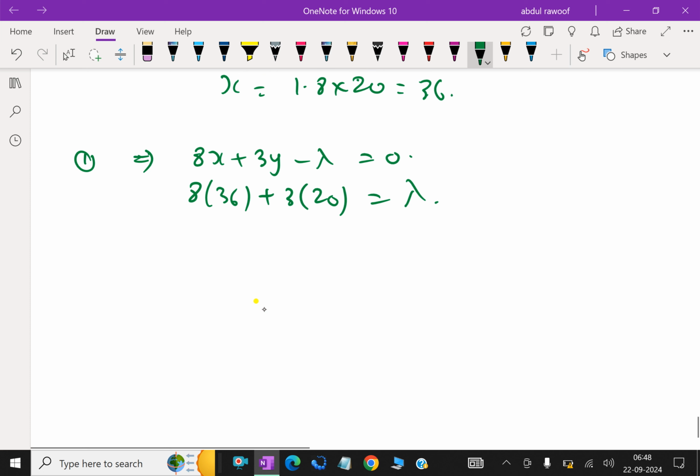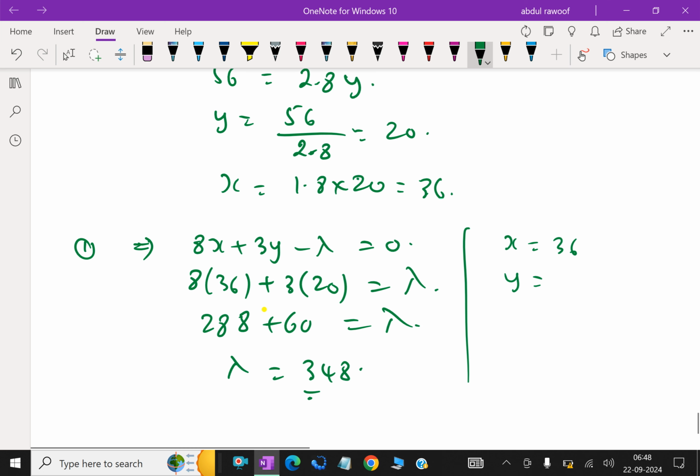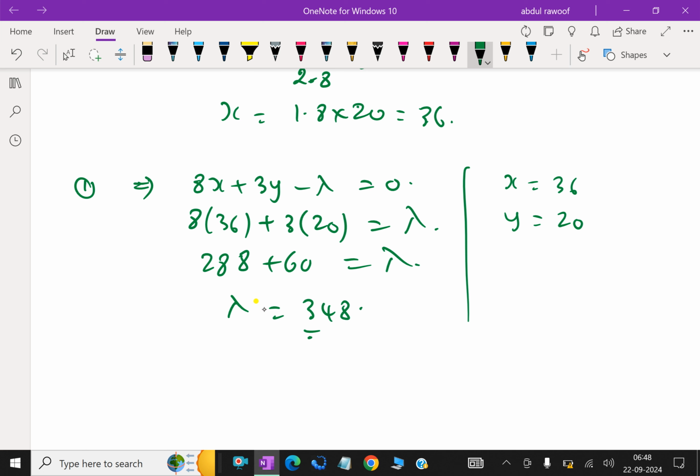Then 8 into 36 is 288 plus 60 equal lambda. Therefore lambda I get 348. We got all values: x equal to 36, y equal to 20 and lambda equal 348.